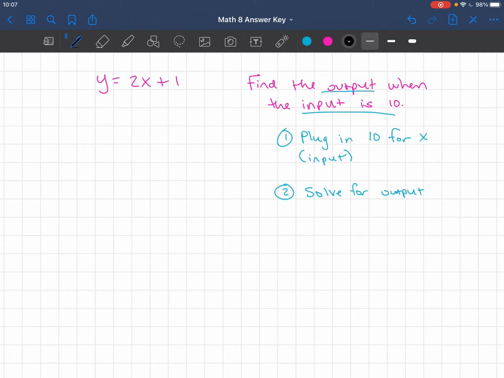In the case of this equation, if we are given input equals 10, we're going to remember our parentheses when we're plugging in that number, and we get y equals 2 times 10 plus 1. Remember that because of PEMDAS, we cannot add these numbers. We have to multiply first. So we're going to end up with y is equal to 20 plus 1, and y equals 21.